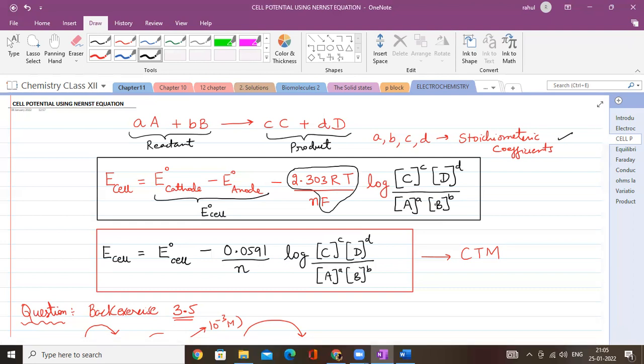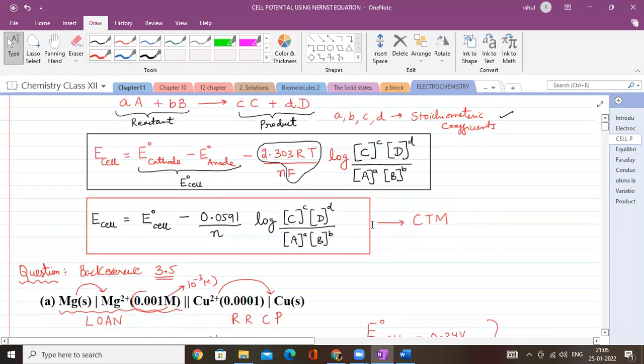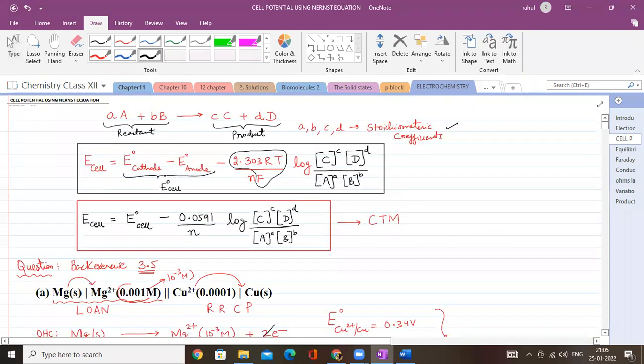Now, what I can do is write this equation in this way, which I have written, or I can write this as E of the cell is equal to E naught of the cell minus, I have already told you, 2.303 RT by nF.